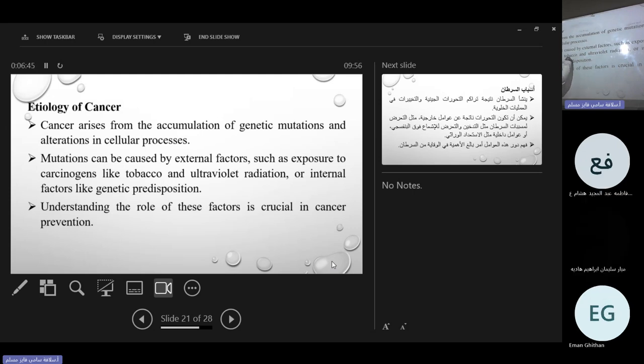Predisposition is like readiness. Okay? Prevention is when you stop something from happening.